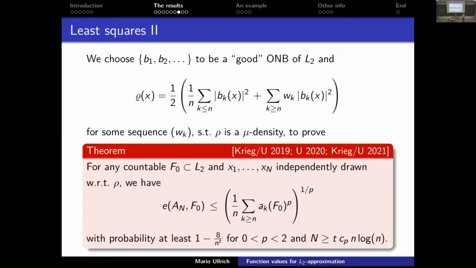It's just logarithmically more points, and we get that. And note, there is not any assumption on F here. The only assumption we need is the countability. All the other separability assumptions were just to extend this to uncountable sets, but that's always been done with measurability and so on. So that's the result here.